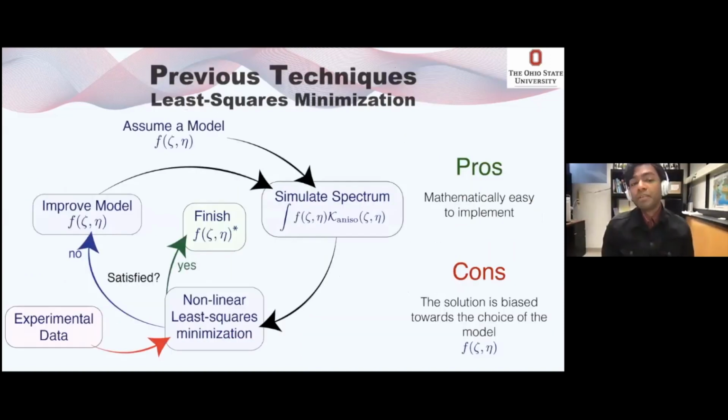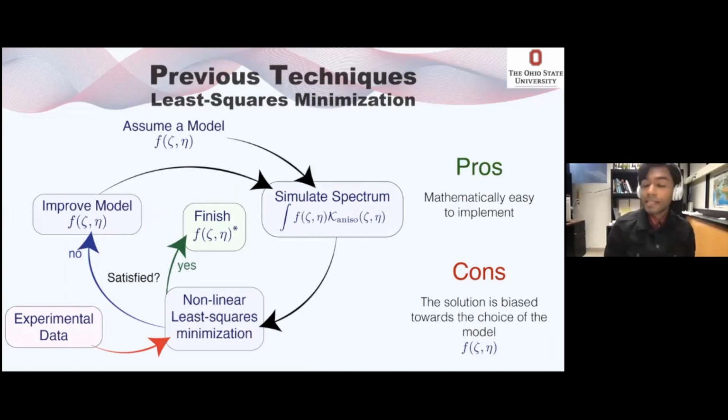In previous techniques that involved least squares minimization, you assume a model, which is the probability distribution, then you simulate your spectrum using the integral of the probability distribution times the line shape, and then compare it with your experiment using some minimization routine like non-linear least squares minimization, and monitor your progress.